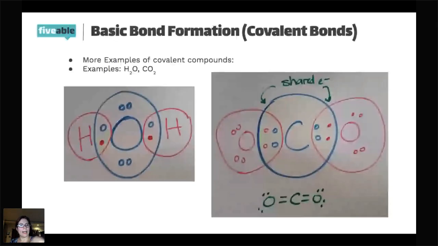Okay, something that I want to mention here, another part of another review, is that the formula of covalent compounds, like a carbon dioxide molecule, is actually 1 atom of carbon with 2 atoms of oxygen, versus the ionic, in which it was the ratio. Remember the ratio of the crystal lattice?